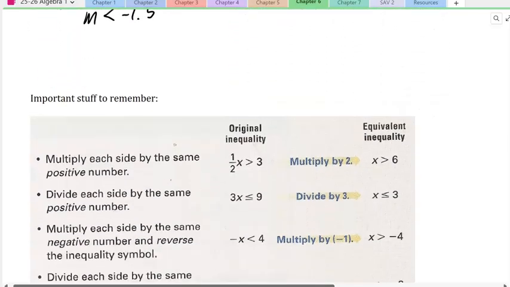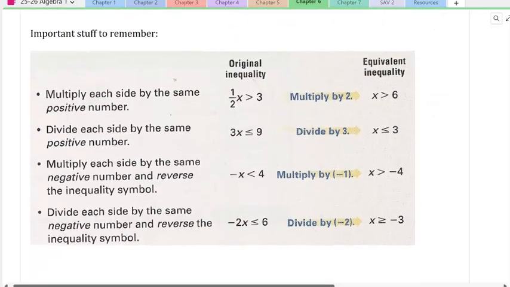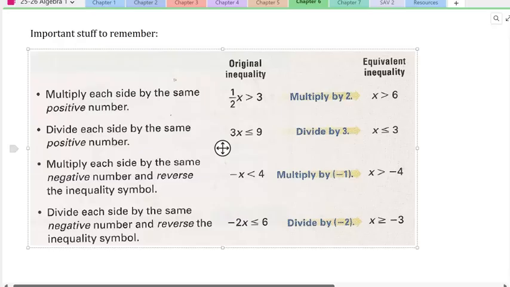So, important stuff to remember. When you multiply each side by the same positive number, you get something like this. When you divide each side by the same positive number, notice the inequality symbol does not change. When you multiply each side by the same negative number, you have to reverse the inequality symbol.